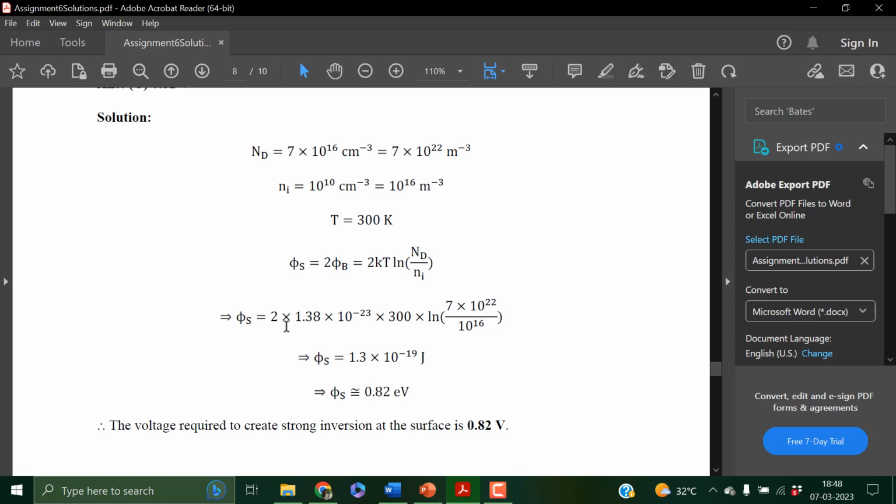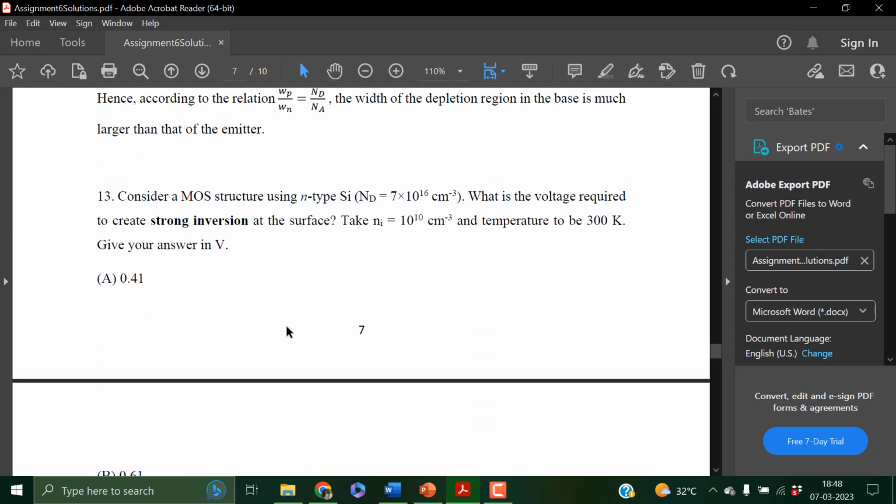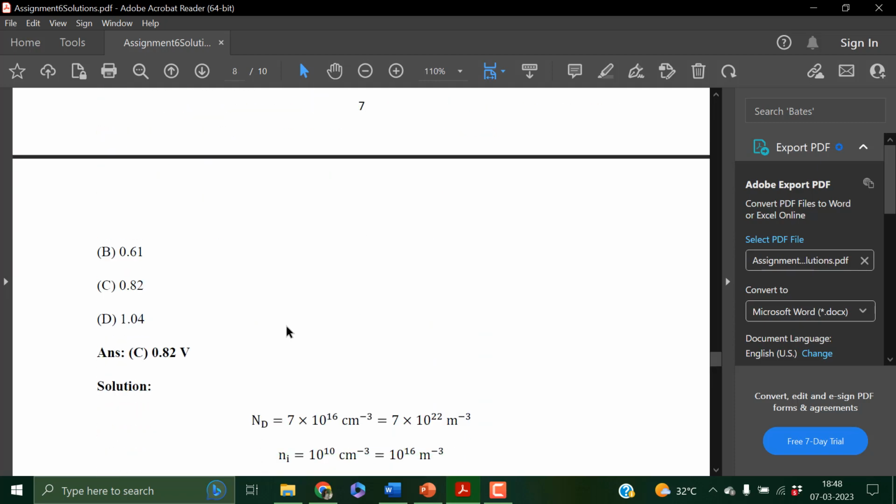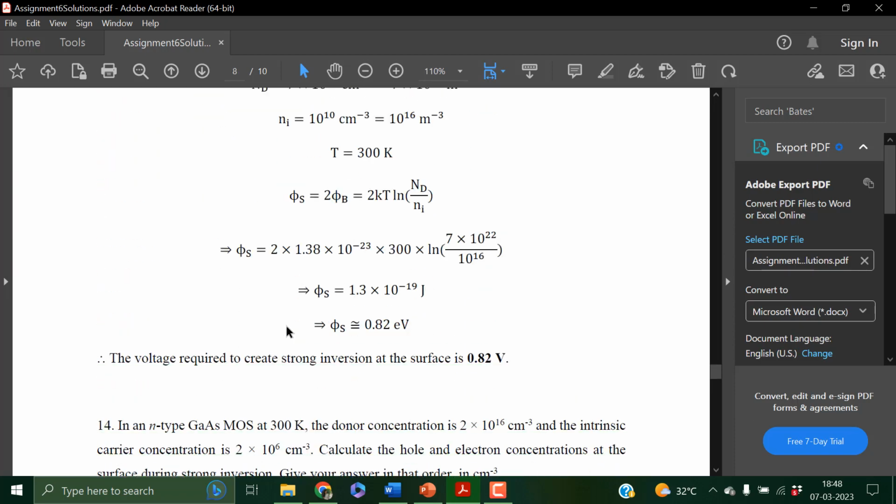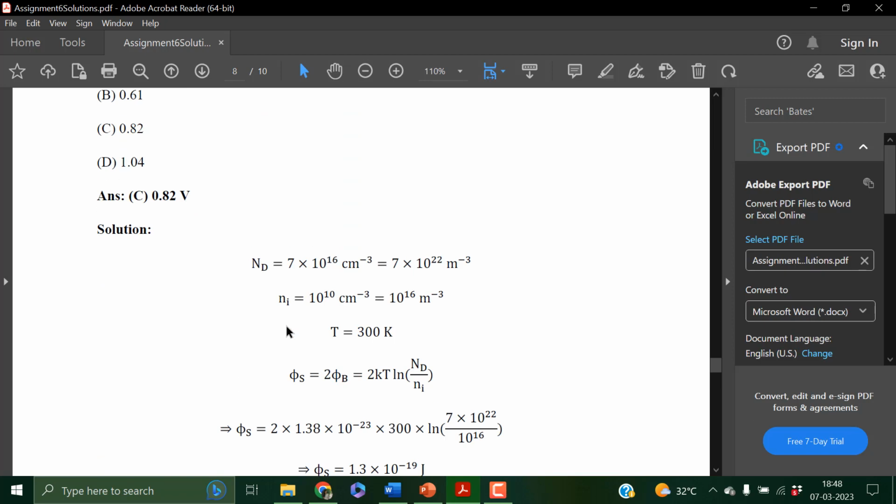Can you tell the substitutions? I solved that: 2 into 1.38 into 10 power minus 23 into 300 into ln. First I will do the ln: ND is 7 into 10 power 16 divided by Ni, 10 power 10. So the ln of that I got is 15.76.